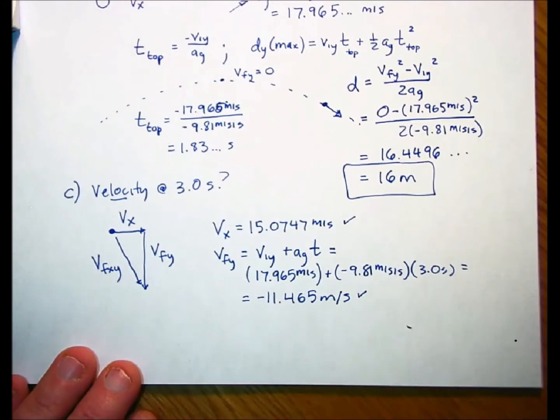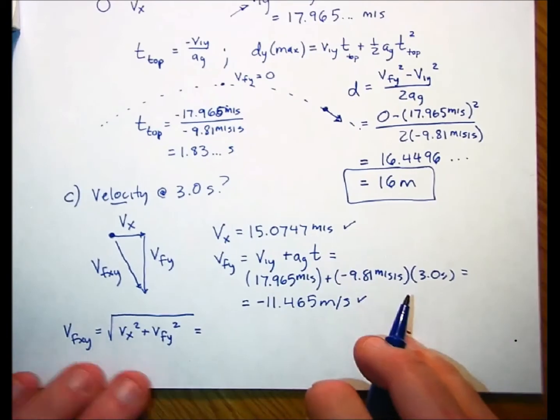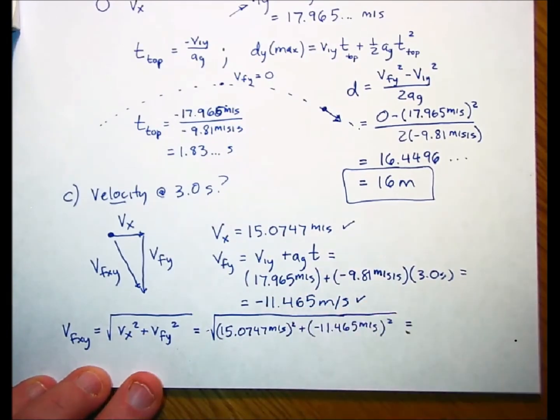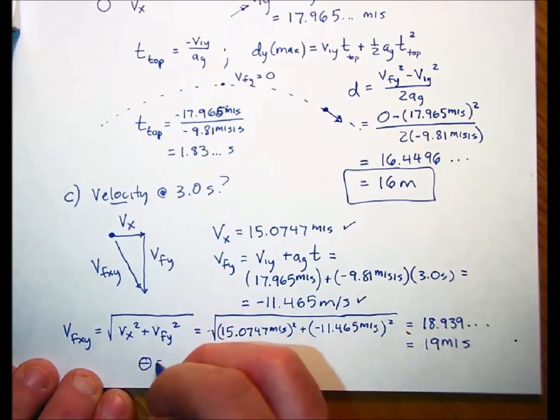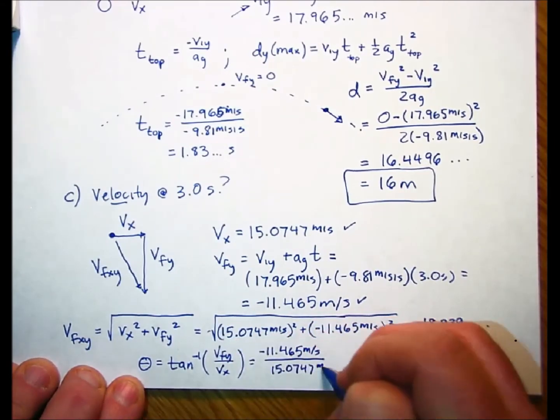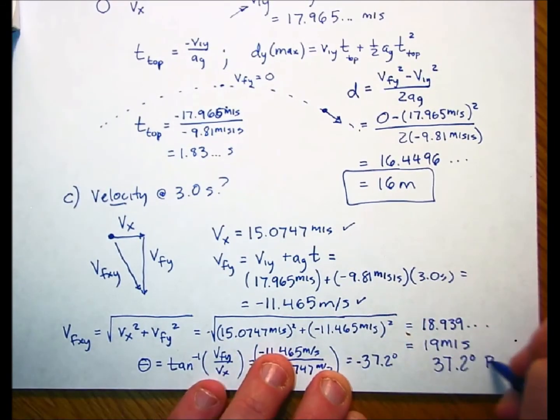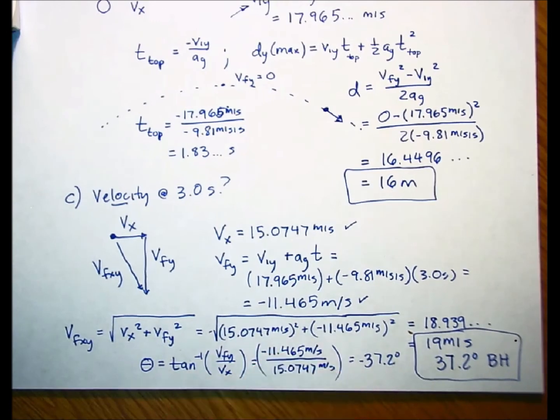We'll speed it up on the video so you can see how this happens in a short amount of time. We find that the velocity of the water balloon 3 seconds after launch is 19 meters per second, and it's going down a little bit. It's 37.2 degrees below the horizontal.